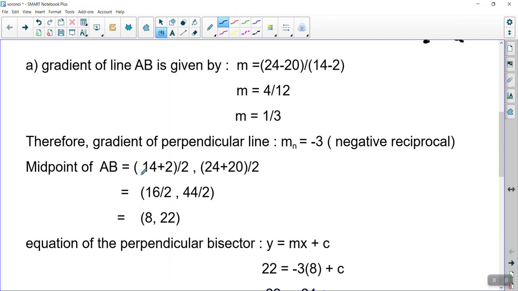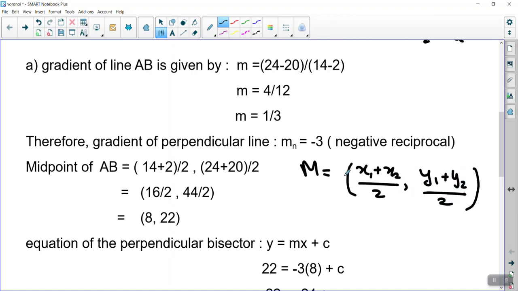What is the midpoint formula? It is (x1 plus x2) divided by 2, (y1 plus y2) divided by 2. If you are in doubt, the formula is given to you in your formula booklet, which will be given to you during the exams, so you can refer to that.